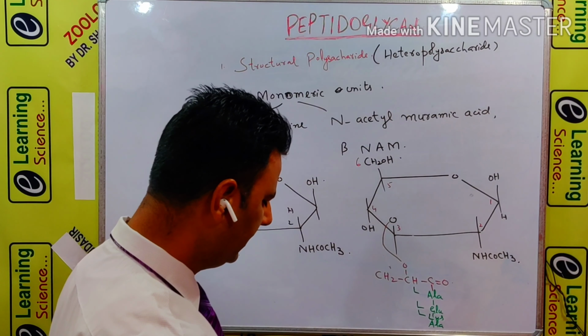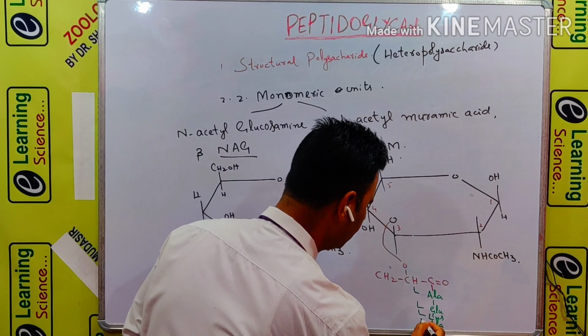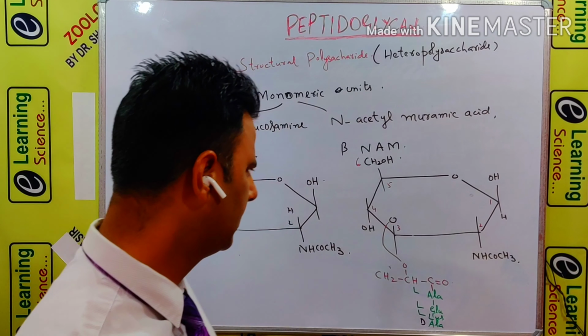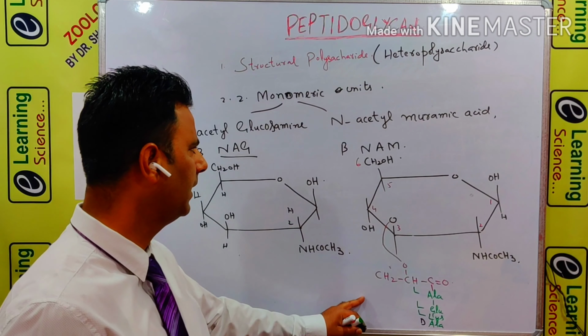But the last alanine is not L, it is D-alanine, dextroalanine.